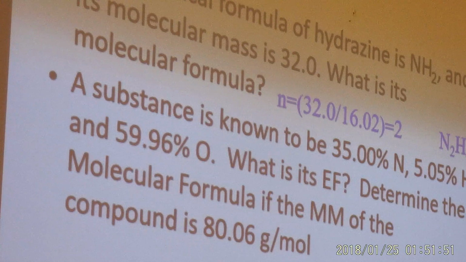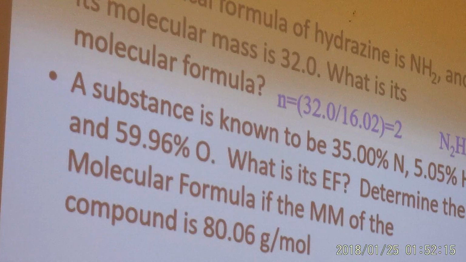What are our elements again? Nitrogen, hydrogen, and oxygen. So it's like, whoops, that's supposed to be a Y. These are just unknowns, right? I don't know what those are. Does that make sense? We're looking for the empirical formula. We don't know what those molar ratios are.